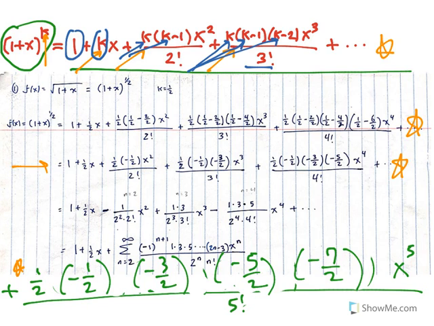So the main thing that I want you to see is how do we go from what we wrote here in green to what we should have here for the next line. So when you multiply these 4 factors, because you have 4 negative factors, the product will be positive. And then you have 2 times 2 times 2 times 2 times 2, so that's 2 to the fifth power, divided by 5 factorial.